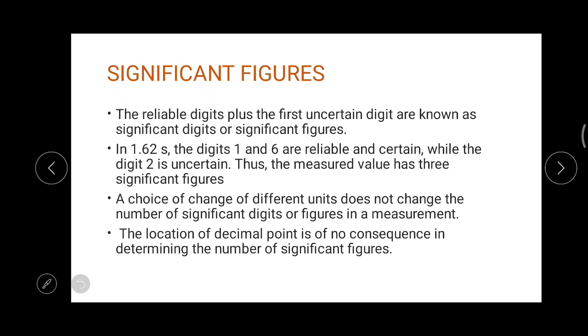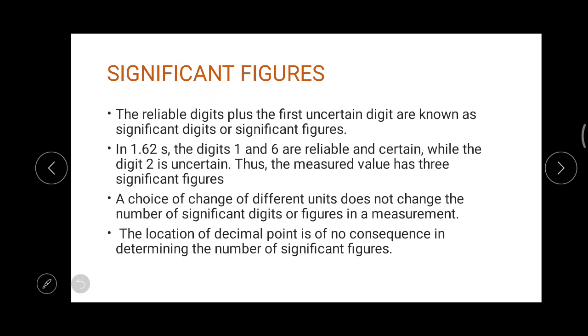Actually 2 is a very small number, and when we do the round off we can convert 1.62 into 1.6. So we can say that 2 is an uncertain number, and 1 and 6 are reliable or certain numbers.